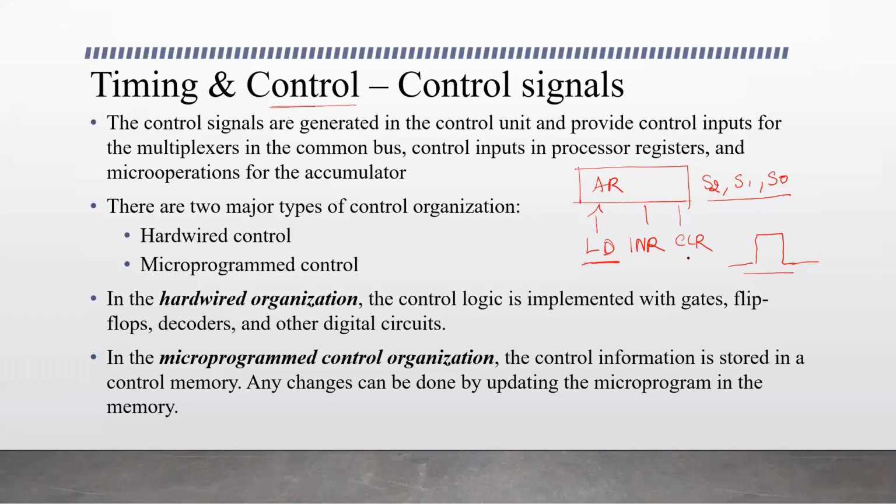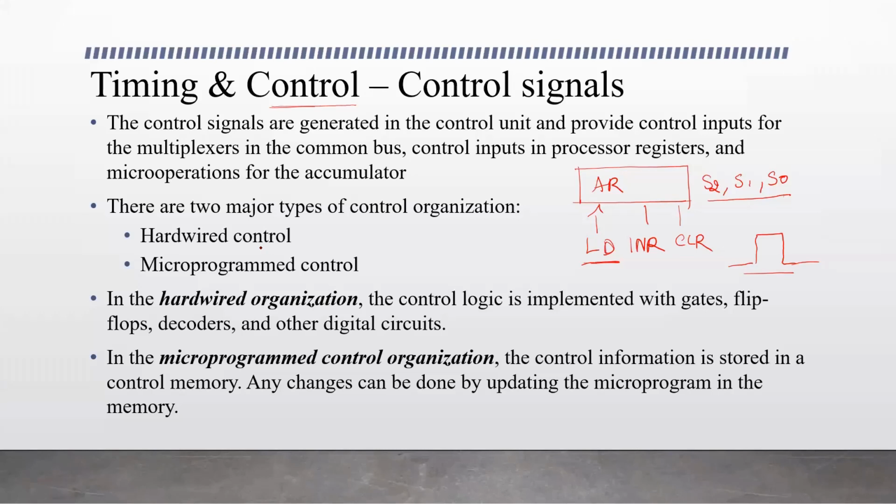The two types of control organizations are hardwired control and microprogrammed control. In hardwired control, the control logic is implemented with hardware circuits such as logic gates, flip-flops, decoders, multiplexers, and other digital circuits. By changing the circuitry, we can control the operations.